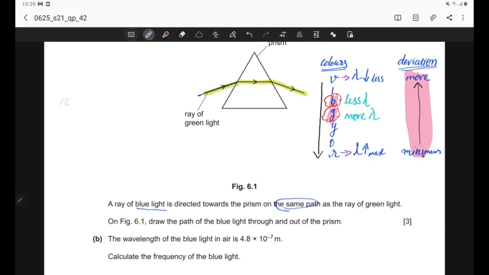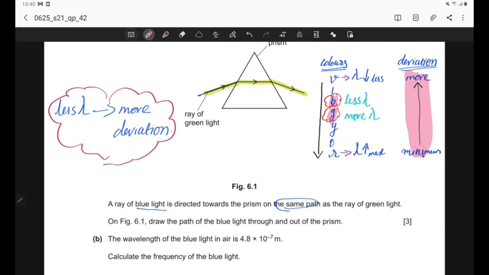This point is very important, that is, less wavelength will result in more deviation. So as the wavelength of blue color is less than the wavelength of green color, blue will deviate more from its initial path. So this is a very important relation.